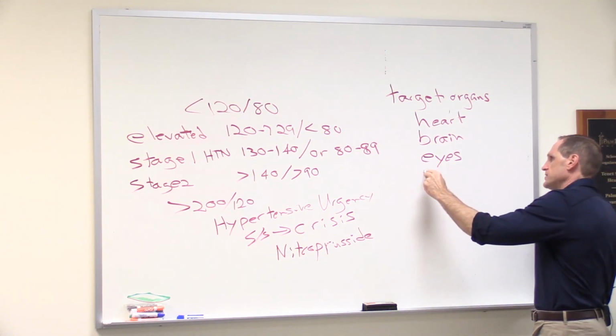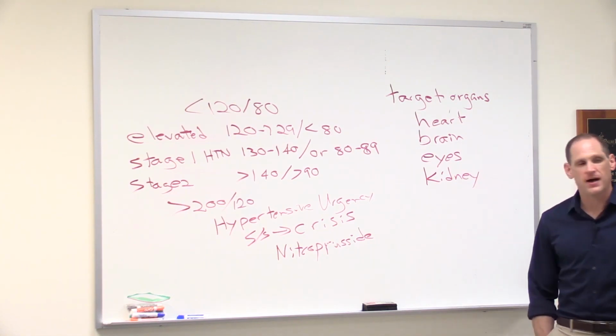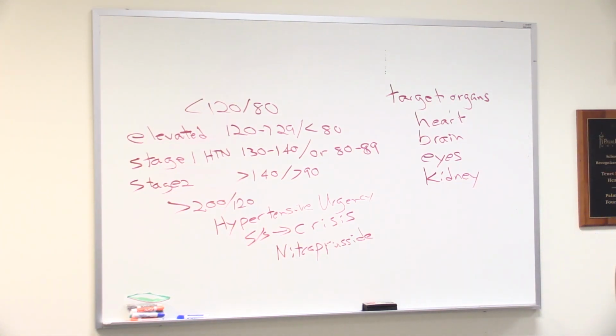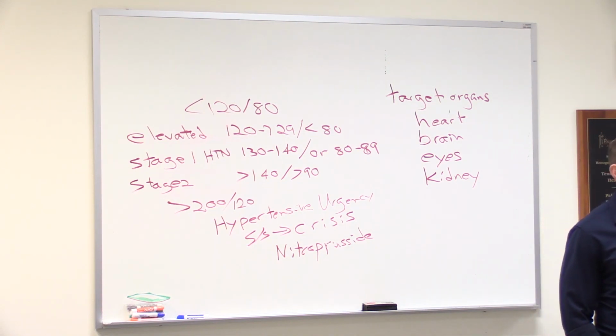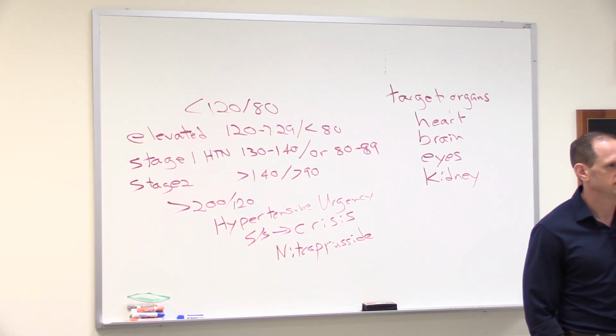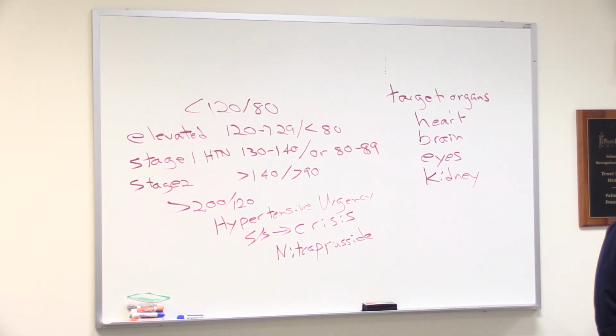All right, and then you guys said kidneys. And we already talked about that when we talked about chronic kidney disease. What are the two major contributing factors to chronic kidney disease? Oh, you didn't block it out that fast. What are the two major contributors to chronic kidney disease?